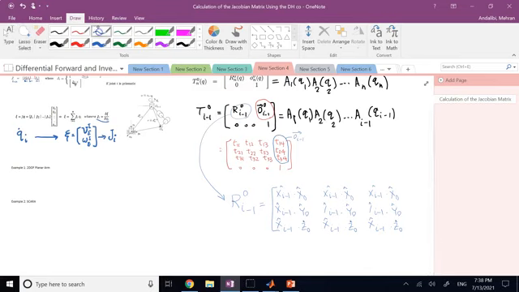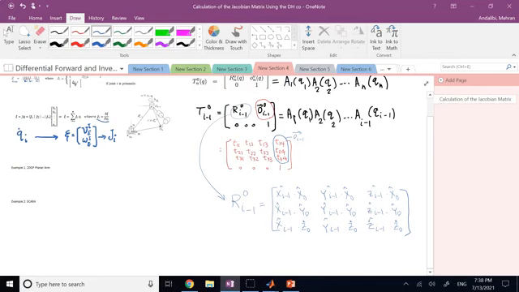So let me just modify it very fast. These guys are y, and these guys are z.